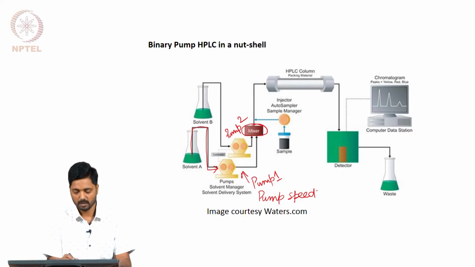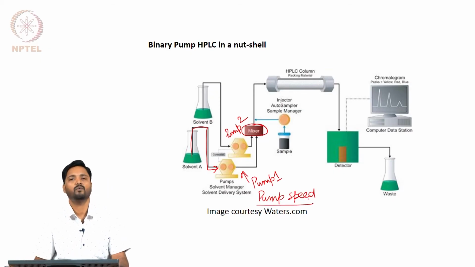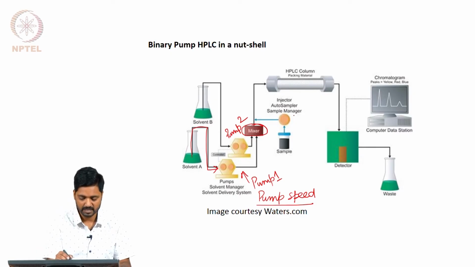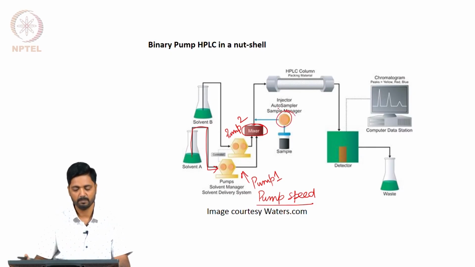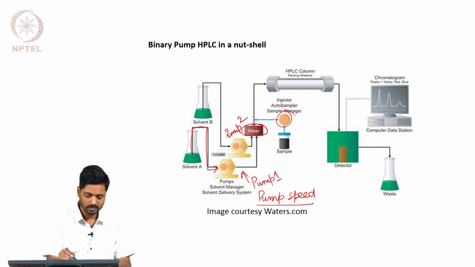and as already mentioned, we control the pump speed to control the volume fraction of the solvent into the mixture, and the sample is injected using either an auto sampler or a sample manager after the mixing of the two solvents.